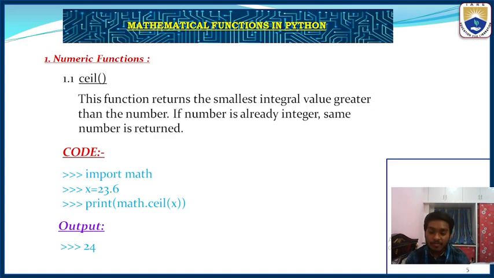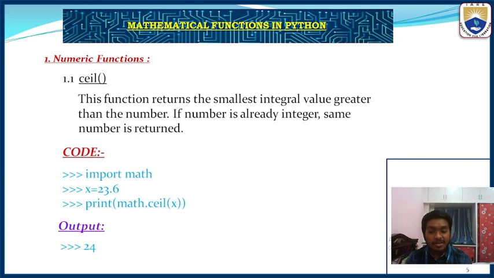For writing the code, first we need to import math. Next, we take the input from the user, or you can also give it directly. Next, print math.ceil of x. x is the input that we have given, and math.ceil is the syntax of the ceil function.